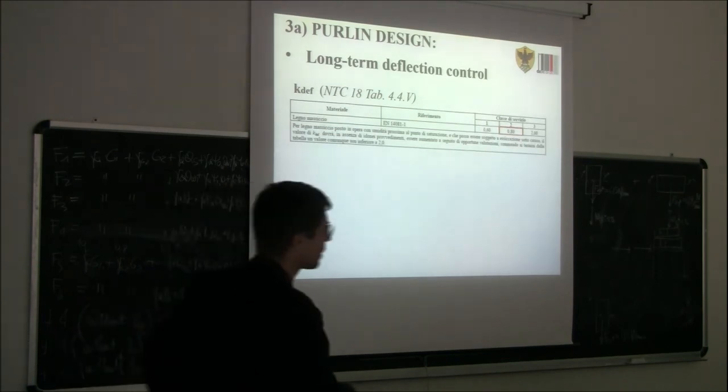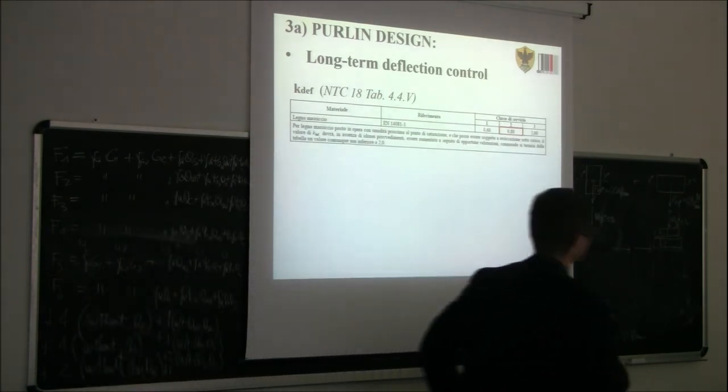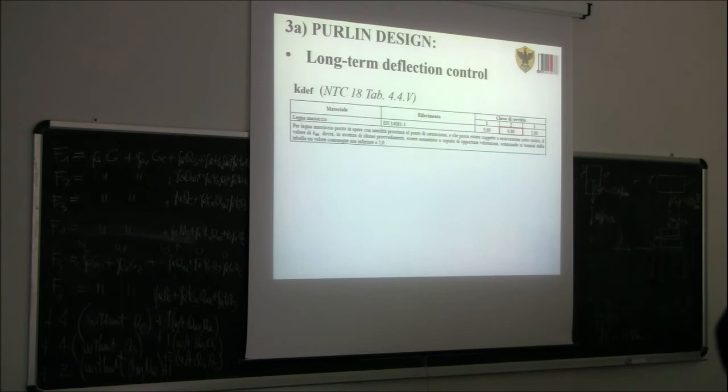Kdef depends on the service class. In this garage, since this is an indoor condition but not heated, it's service class 2, so creep coefficient 0.8. So the creep deflection is 0.8 times 12.2, so 9.7 millimeter.